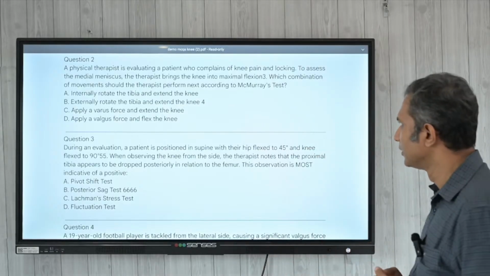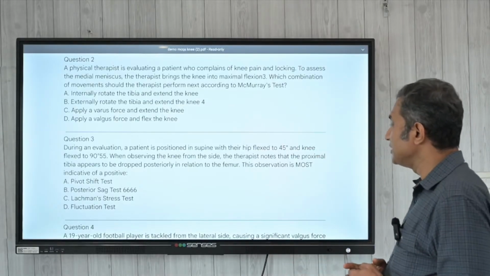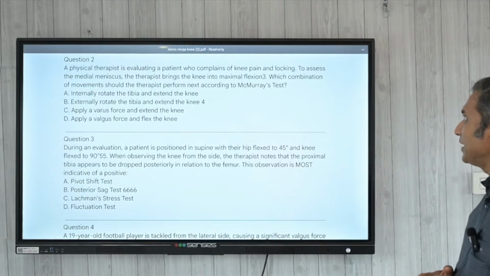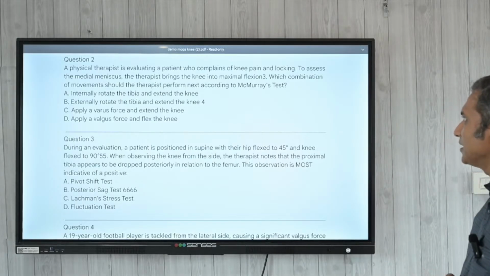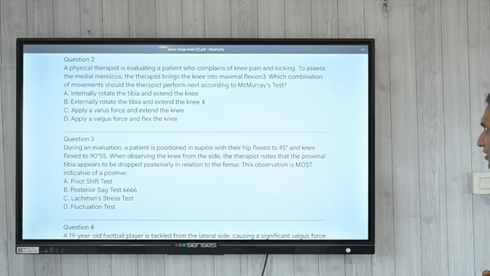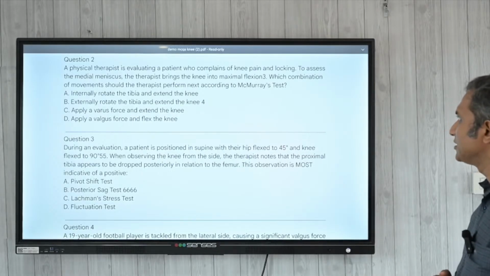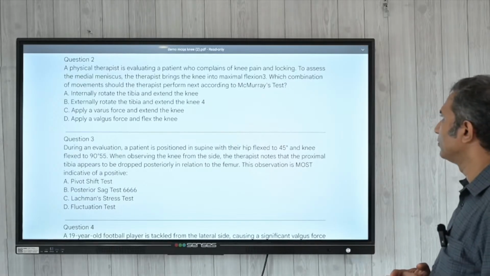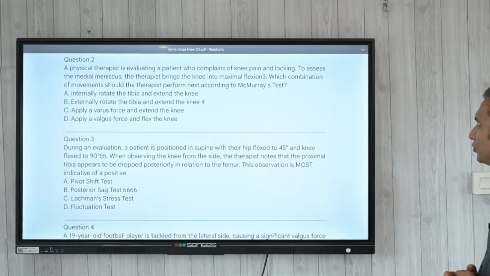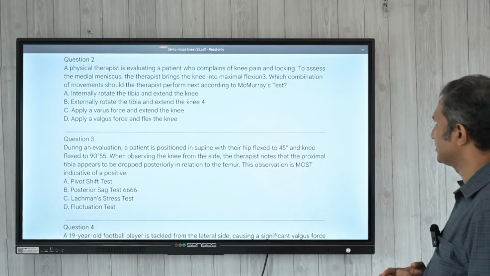Question 2. A physical therapist is evaluating a patient who complains of knee pain and locking. To assess the medial meniscus, the therapist brings the knee into maximum flexion. Which combination of movements should the therapist perform next according to McMurray's test?